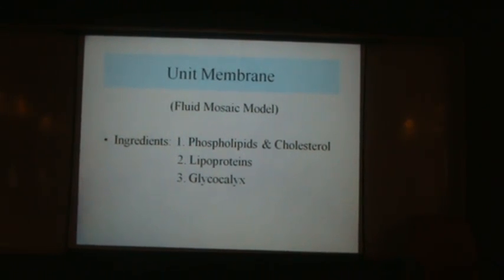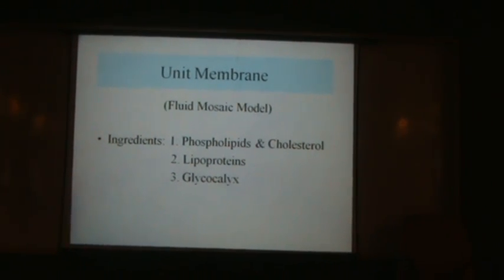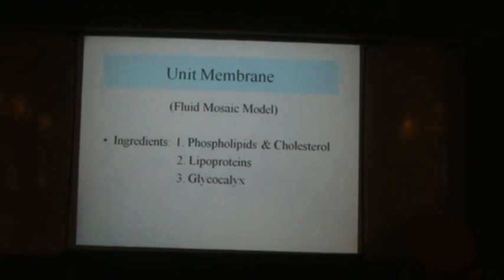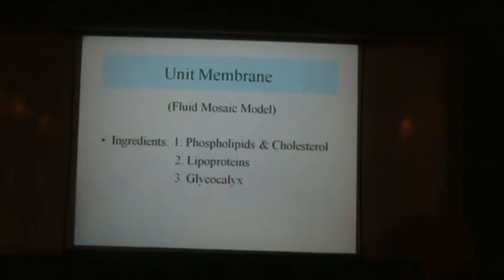Similarly, this glycocalyx also provides cell-to-cell attachment. It is said that adjacent cells are attached to each other and there has to be some cementing substance between the two cells. So this glycocalyx acts as a cementing substance, so that cell-to-cell contact is established, and that gives a particular shape and size to the tissue as such.